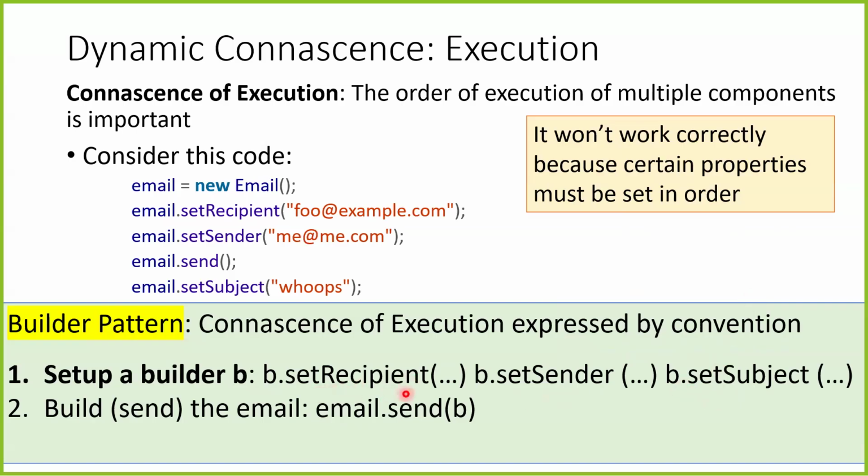You have to set recipient, sender, and subject. Now the builder is complete, and now you can execute this line, email.send: whatever you have in this builder B, send that. So the email is going to this recipient, from this person, with this subject and other details.